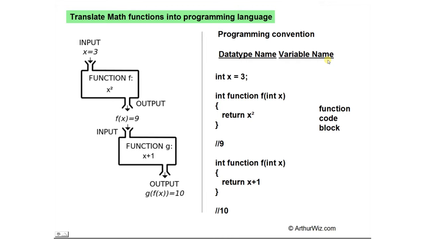Depending on the syntax of different programming languages, it can be different, but it will describe what the data type is and what the variable name is. So to represent the input, the initial data that we're going to throw into the function, we designate integer as int, space, x equals 3.